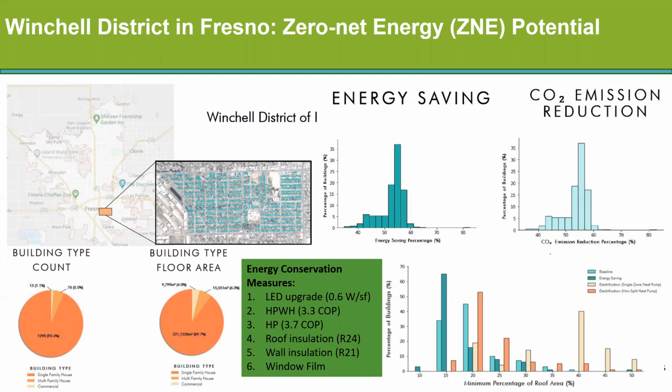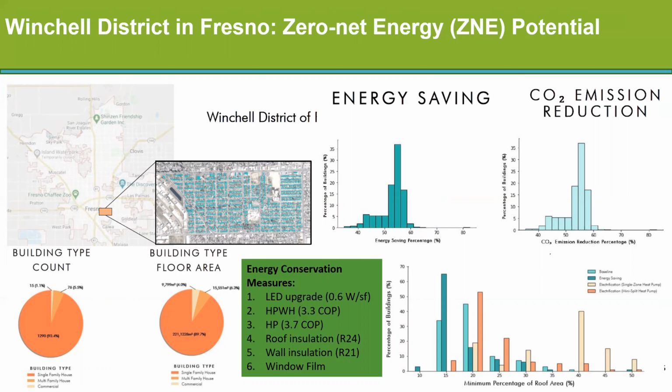These are typical retrofit measures, including lighting retrofit to LED, heat pump water heaters, heat pump heating and cooling systems, and insulation to roof, to walls, and upgraded window frames. The result highlights that most of the buildings, like 75%, can have energy savings of more than 50%. And these buildings only need about 35% of roof area to get to ZNE.